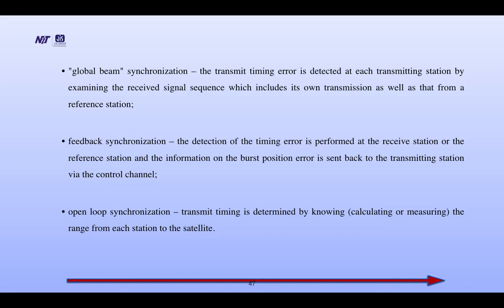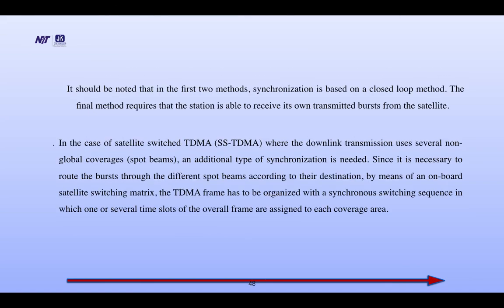Feedback synchronization: the detection of the timing error is performed at the receive station or the reference station, and the information on the burst position error is sent back to the transmitting station via the control channel. Open loop synchronization: the transmit timing is determined by knowing the range from each station to the satellite. It should be noted that in the first two methods, the synchronization is based on a closed loop method. The final method requires that the station is able to receive its own transmitted burst from the satellite.